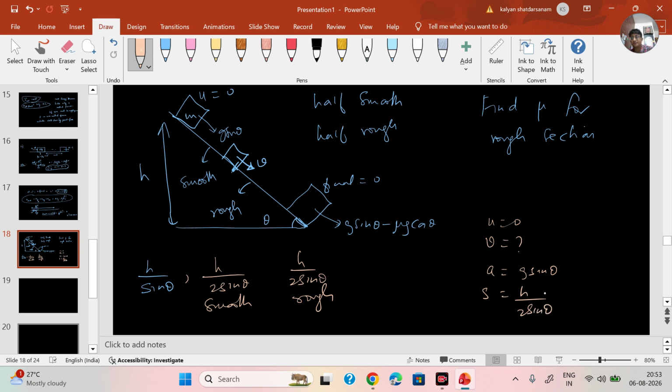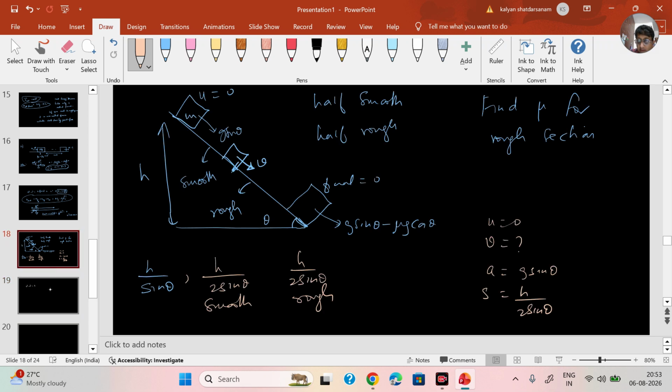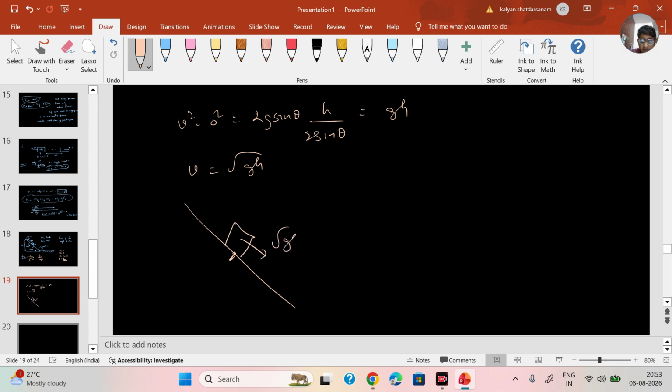So v square minus u square is 2as. v square minus 0 is 2 times g sine theta times h by 2 sine theta. So it will be gh. By the time it reaches the boundary, its speed is root gh. From there it starts retarding and comes to 0.